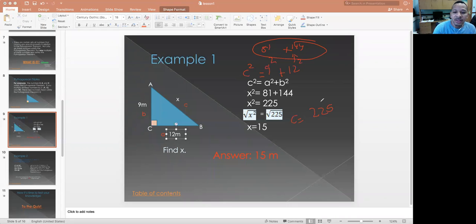That value is the value of c squared. So in order to find just c, we want to take the square root of 225, which would be 15. You can use your calculator to find the square root of any number. The basic square root function is there, so you can certainly use your calculator for that.